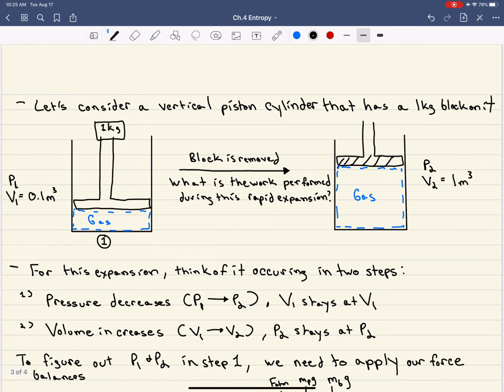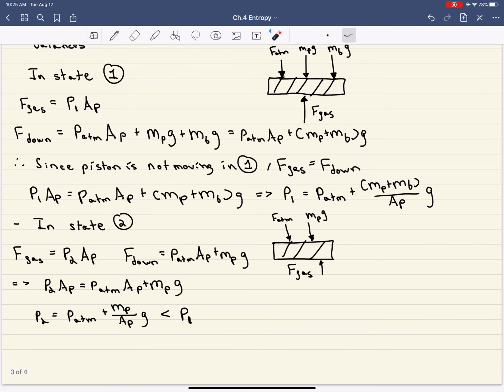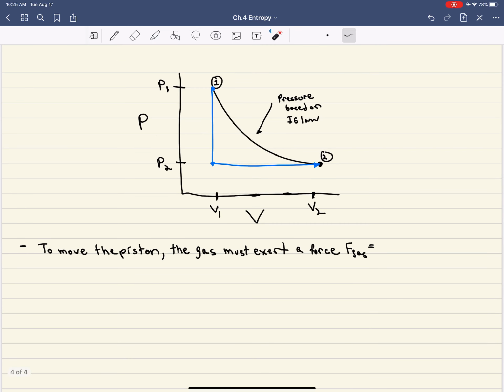Once we remove that block, the only two forces acting on the gas are the atmospheric pressure and the weight of the piston. So the forces that the gas must act against are just P_atm times A_p plus the mass of the piston times gravitational acceleration.